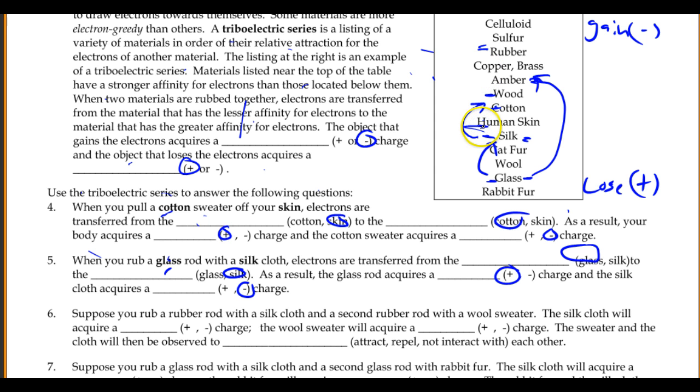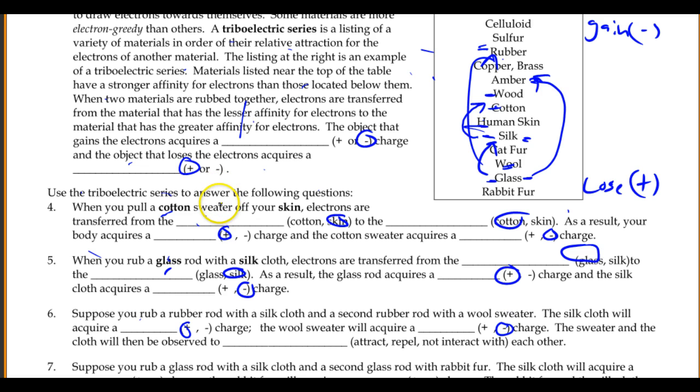Silk is down here, so the silk cloth will acquire an overall positive charge, and the wool sweater, which is rubbed with the rubber rod, wool's down here, so electrons are going to go from the wool to the rubber, which is going to acquire a negative charge.